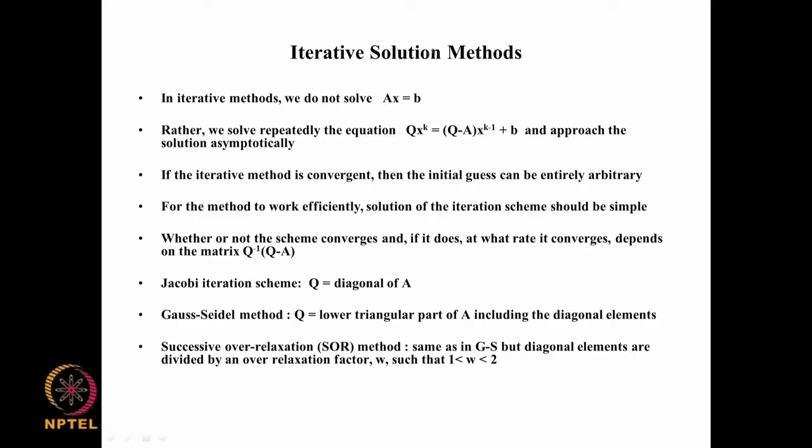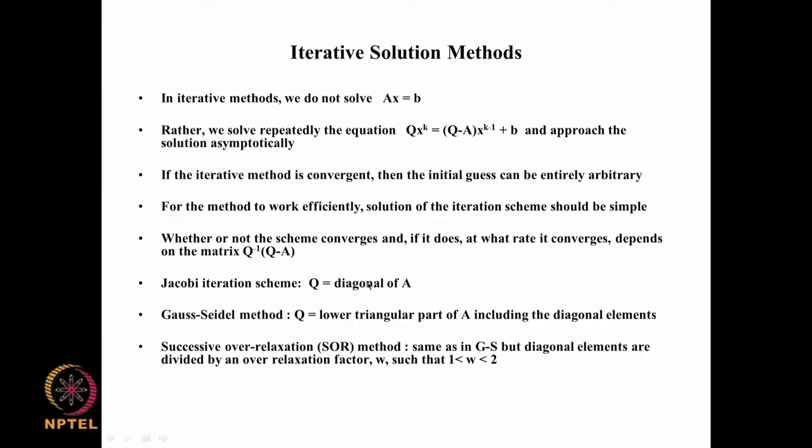So there is not much needed to find Q. It is just to select the diagonal elements of A and put them into matrix Q. In that sense, the first idea, that it should be easy to compute or construct Q, is satisfied in the Jacobi iteration method.